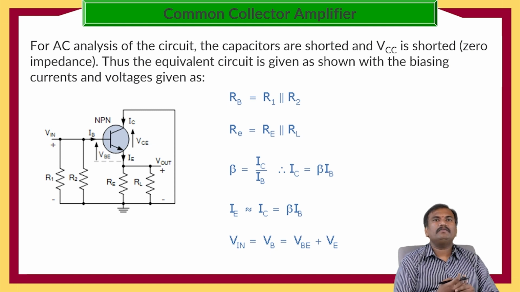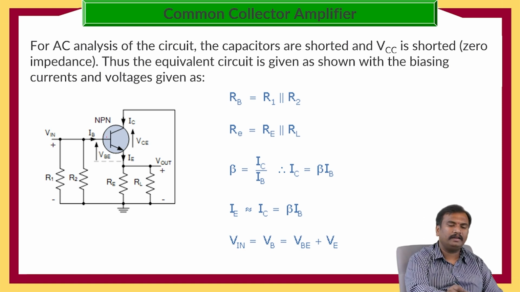Here, when we are going with the alternating current analysis, the capacitors will be short circuited and VCC is also short circuited. So when we take the equivalent circuit, it will be like this. This is the base current, this is V input, and this is V output, which we are going to take across the emitter.